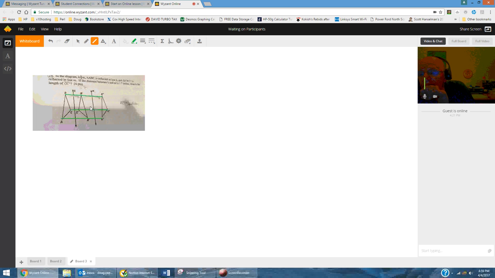But the key is that this distance right here, let me go to red, the distance between the parallel lines has to be half the translation distance. So this from C to C double prime is the translation distance.